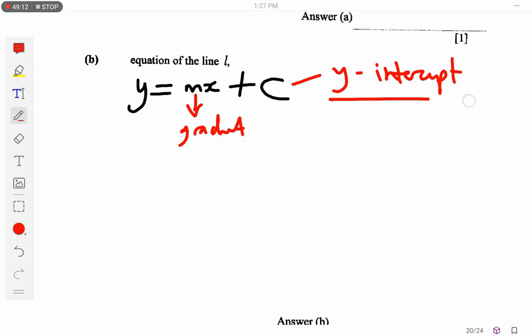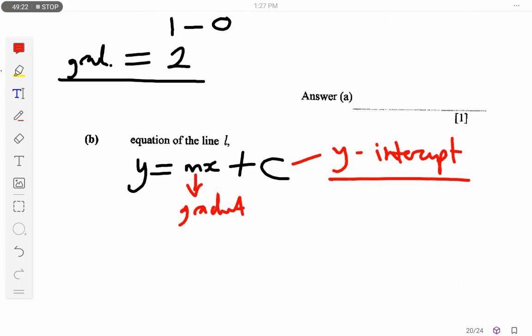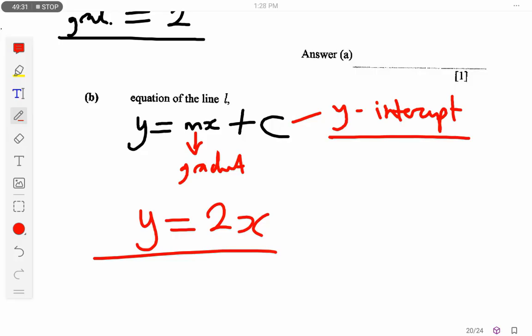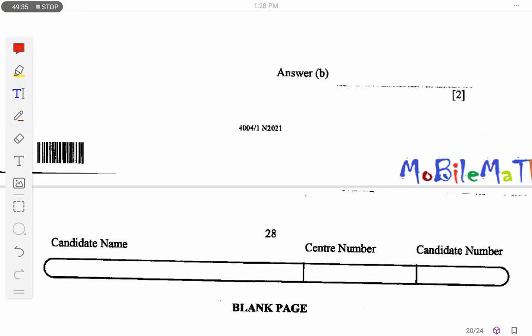The y-intercept is basically the point where the line cuts the y-axis. You find out from our drawing that it was cutting the axis at 0, 0. So our c is 0. So I can write the equation as y is equal to 2x. Okay, so this is the equation there. Let's move on. Oh, this is the last question there.